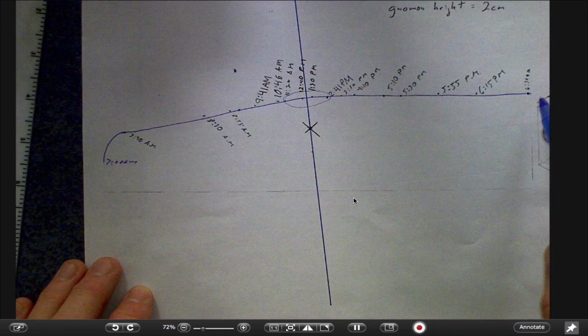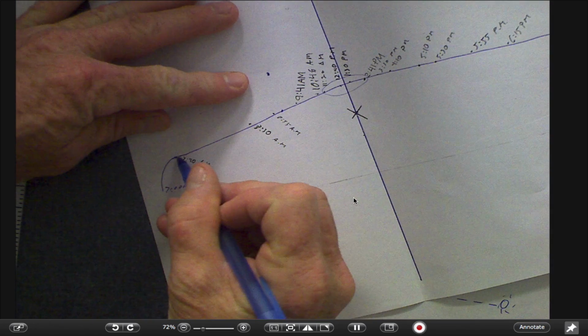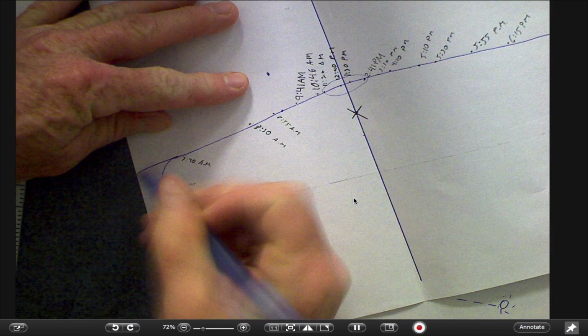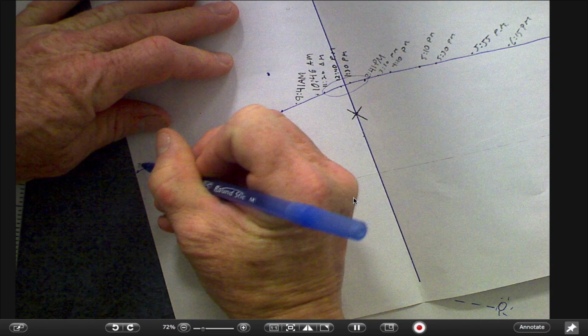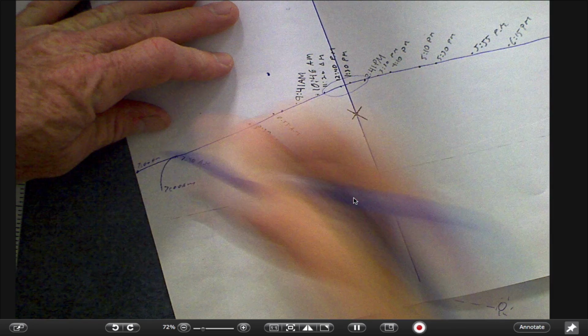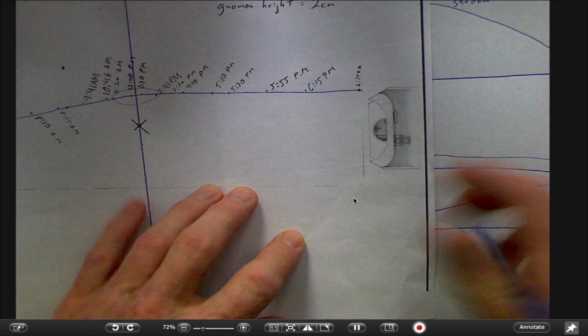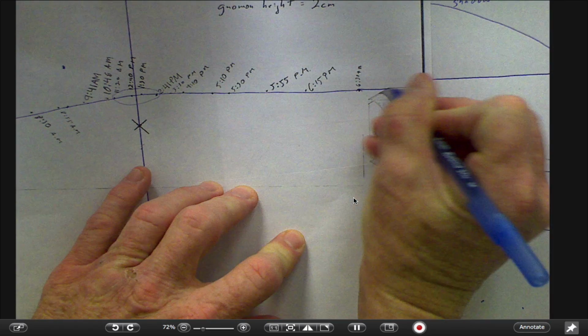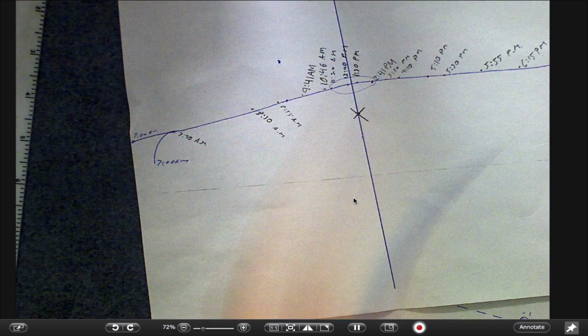It makes no sense that we have this very gradual line and then all of a sudden it dips down right there. We're going to come out like this, keep the line consistent, and 7 a.m. would probably be right over here. At 7 p.m. it would be the same thing. We would just extend this straight out and probably put 7 p.m. right there. Okay? And you need to write on that for that.